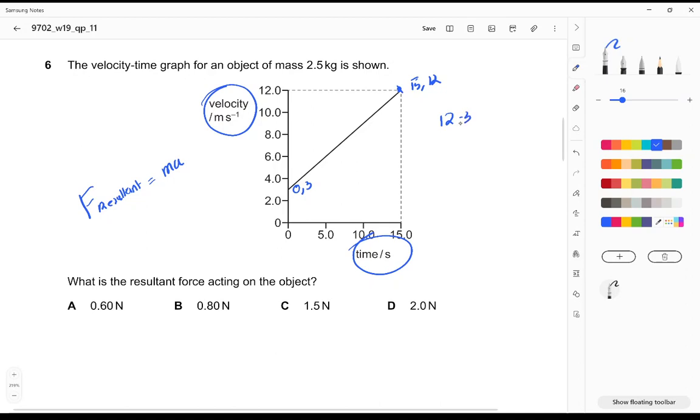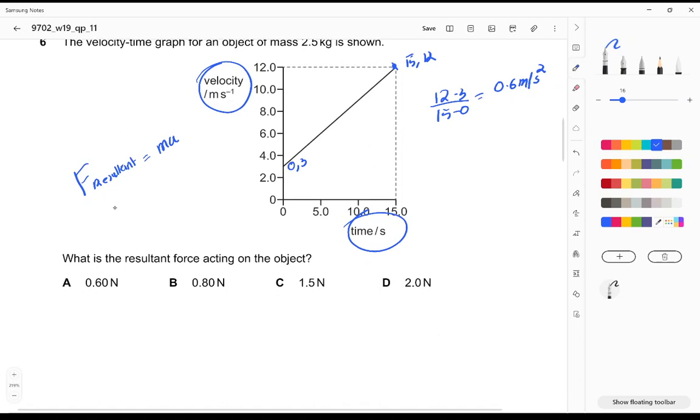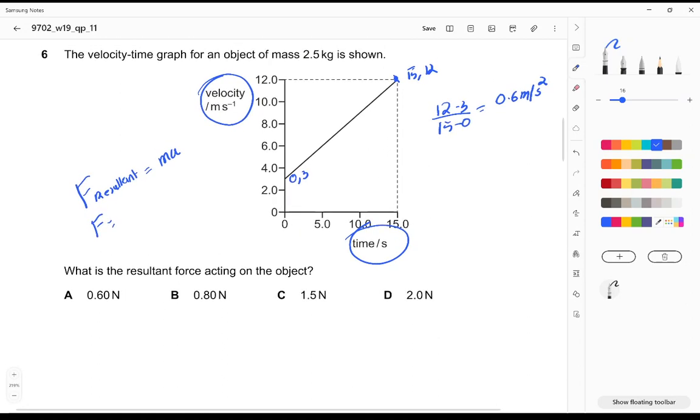So 12 minus 3 divided by 15 minus 0, and that should give me a value of 0.6 meter per second squared. This is the acceleration, right? So the resultant force F should be equal to mass, which is given to us as 2.5.